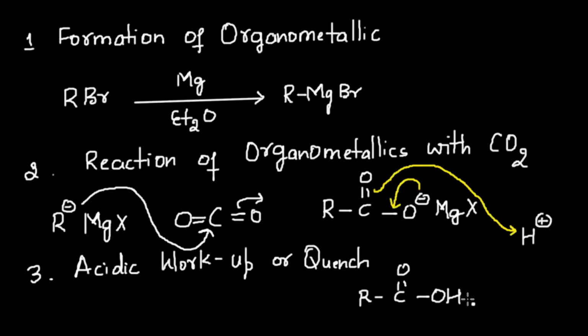So let us go over some specific examples. Consider this example. First step is the formation of Grignard reagent using magnesium in dry ether.